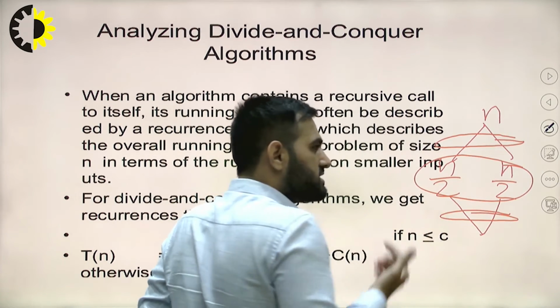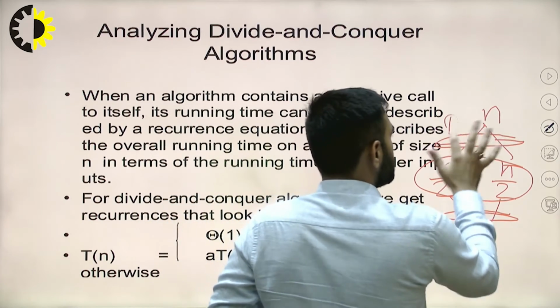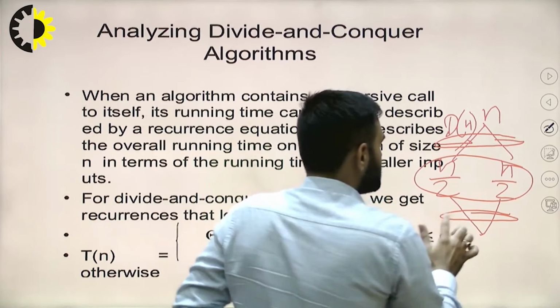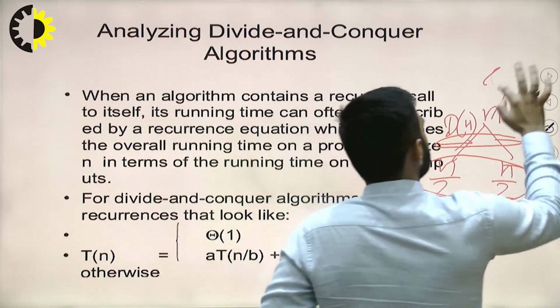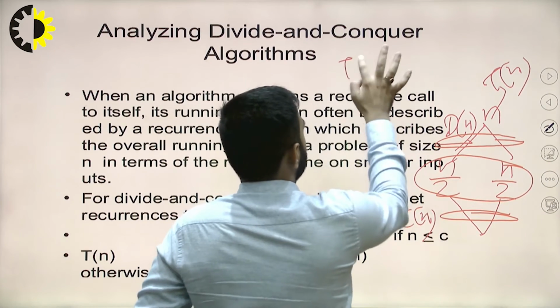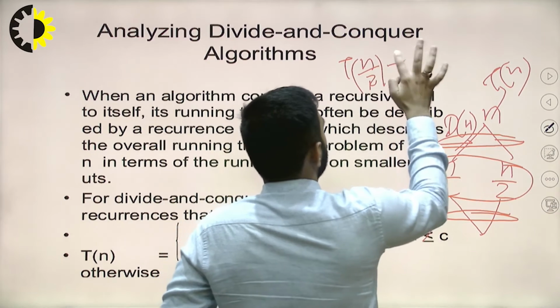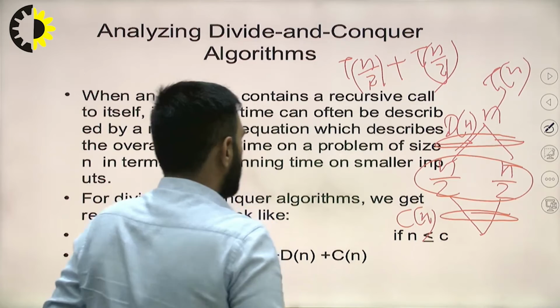If it is a constant, we will discuss this later. But for now, it is a divide time dn and a combine time cn. This is the main problem T(n), and we will further divide it into two parts, T(n/2) plus T(n/2).